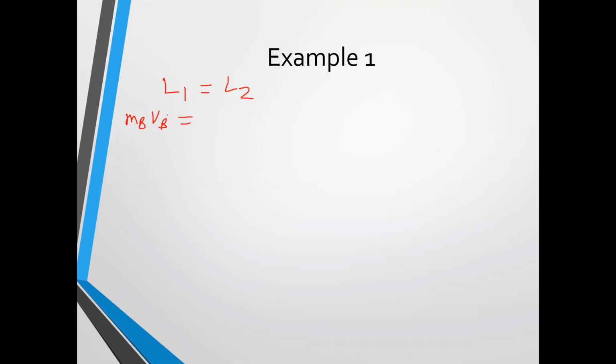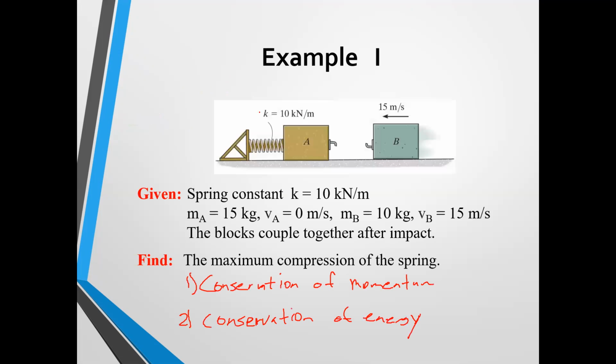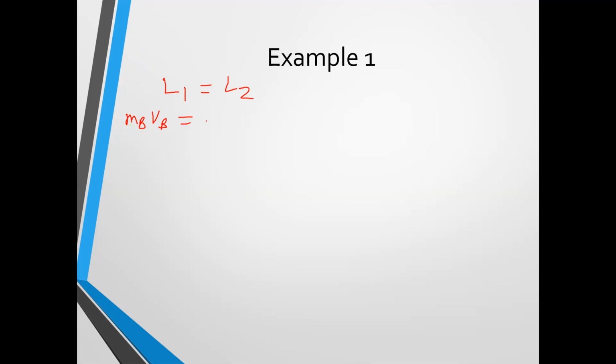That's our initial linear momentum for mass B. Mass A is not moving, so we are just going to leave that out. Mass A doesn't have a velocity. Velocity is 0. After these two collide, they're going to stick together, so we can put the two masses together. We can say mass A plus mass B, and we'll call this velocity final.